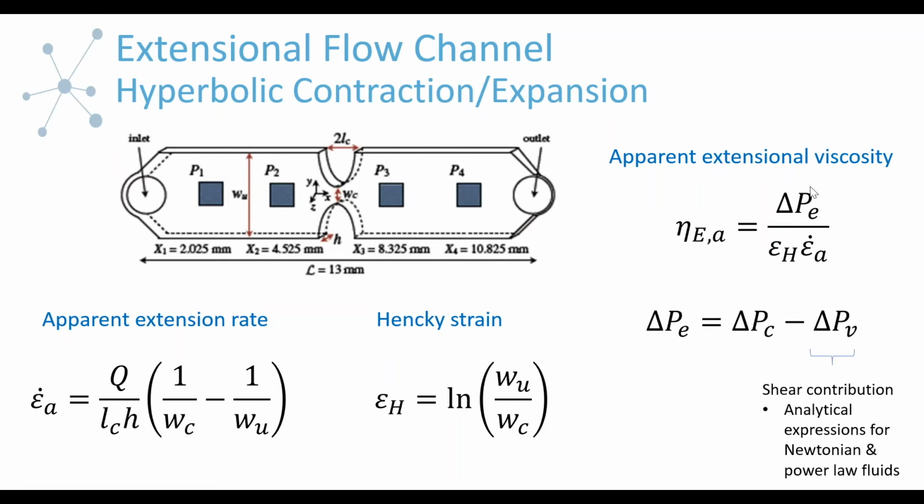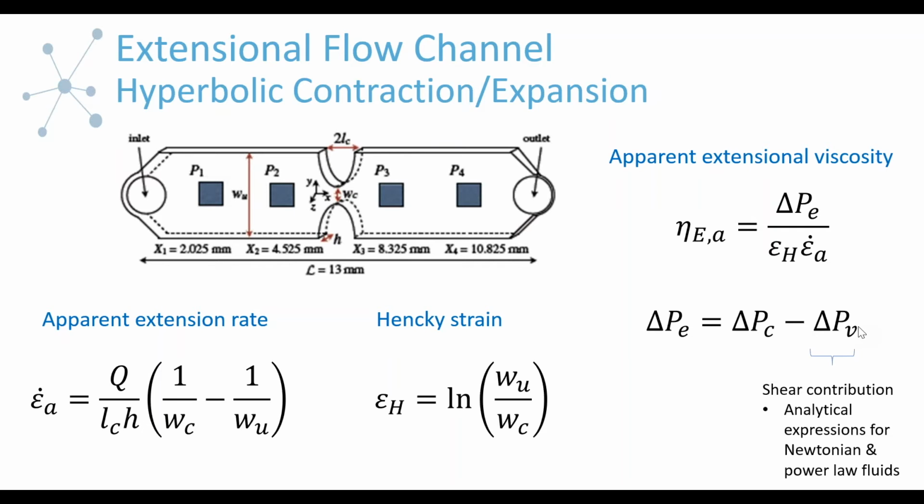The way it's written here is slightly different than what we saw on the previous slide, because now I'm including delta P_C, which is what we talked about on the previous slide, the corrected pressure drop across the contraction. But now I'm saying that if you're able to, you can remove the viscous or steady shear contribution that occurs in the flow channel.